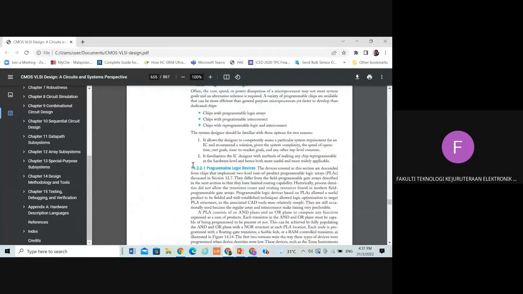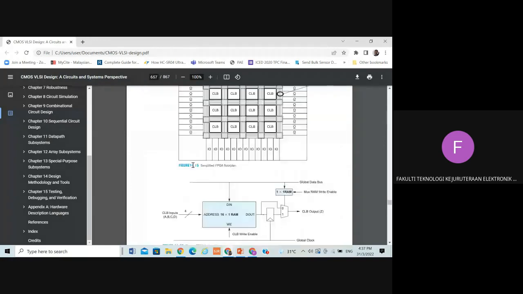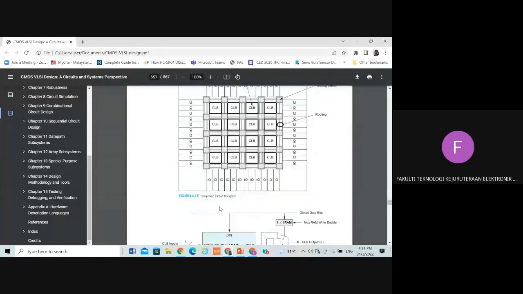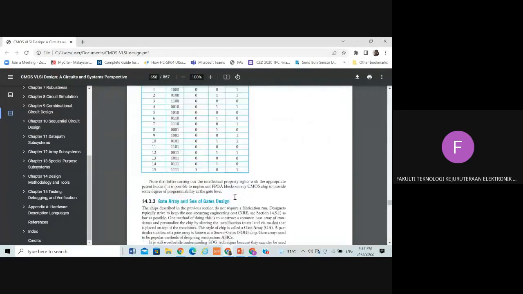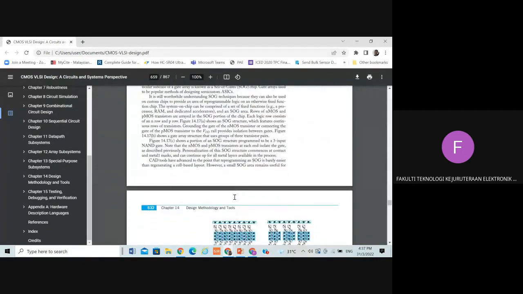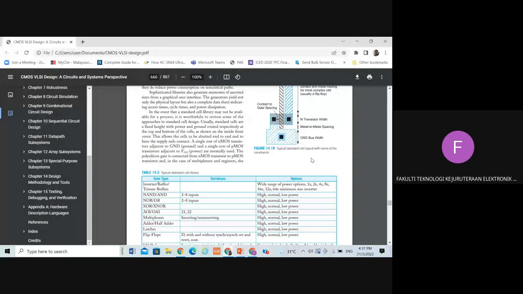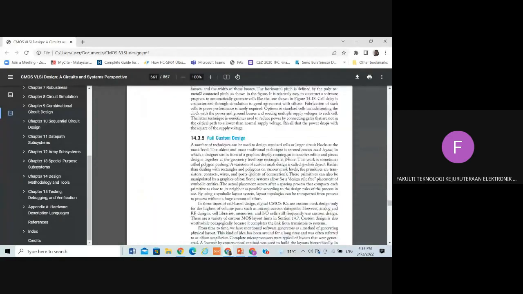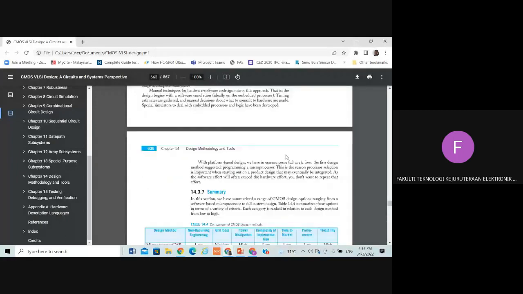To get an idea, this is actually FPGA. No, we're not using FPGA in our design, in our subject, just for your information. Just recall what you learned, full custom and so on.